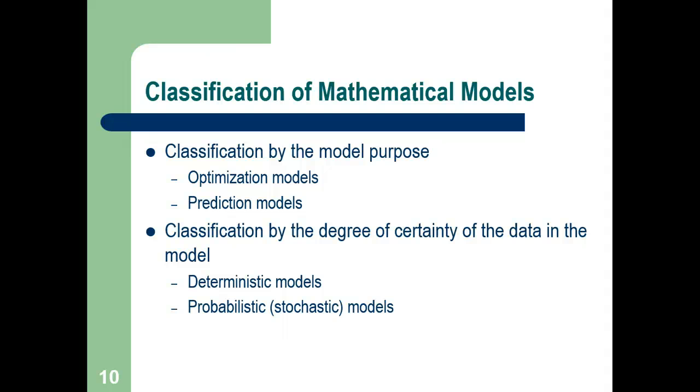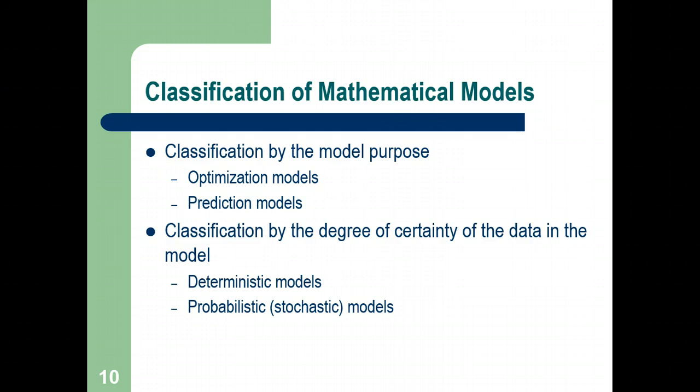Okay, what's the one best way? That's what optimization models are all about. How much of product A and product B should I produce to maximize my profit? How much of my money should I invest in this versus this to minimize my risk, right? The best way of doing something. That's what optimization models are about.